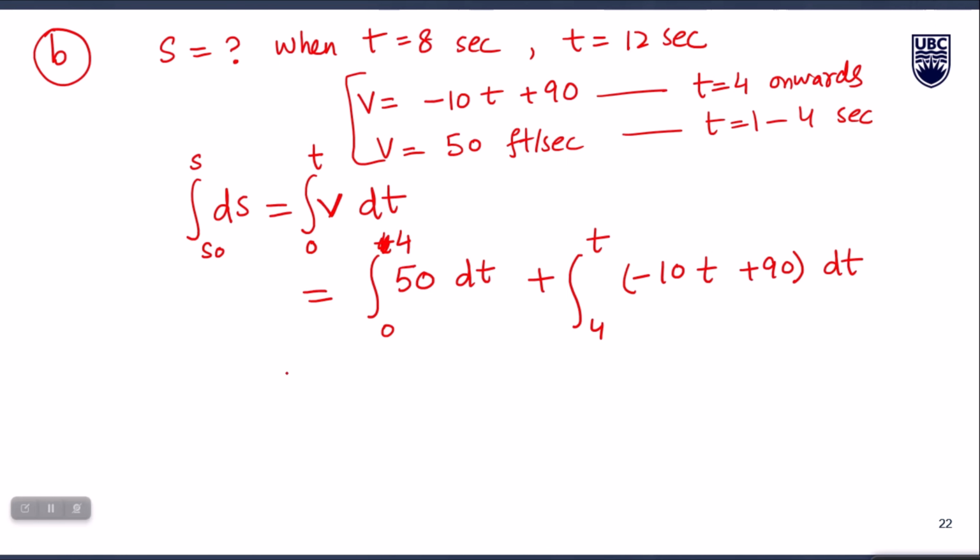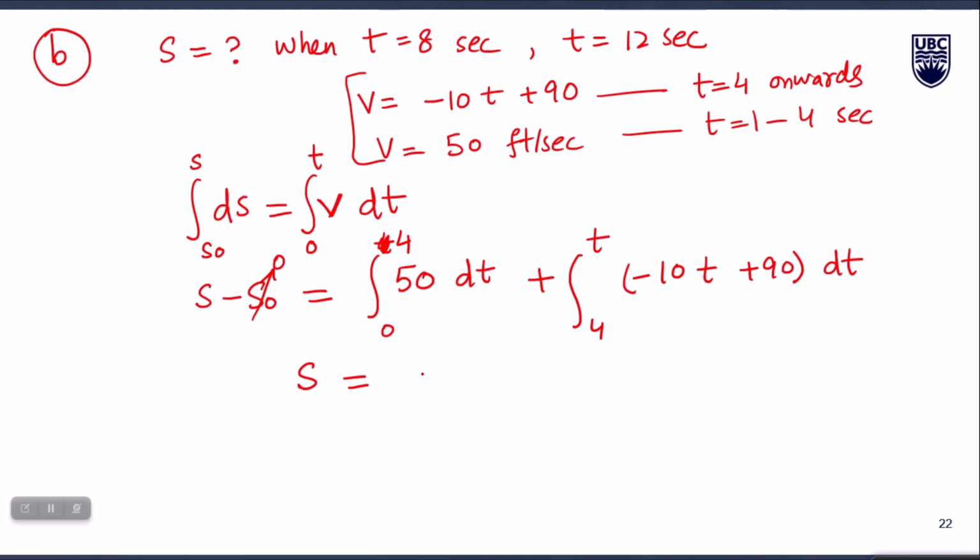And on the left hand side I will have simply s minus s naught, but s naught is 0, the initial displacement was 0, so it will become simply s, right?